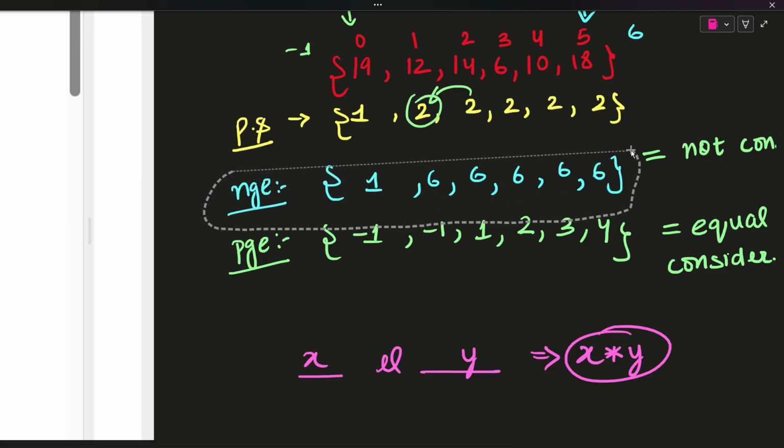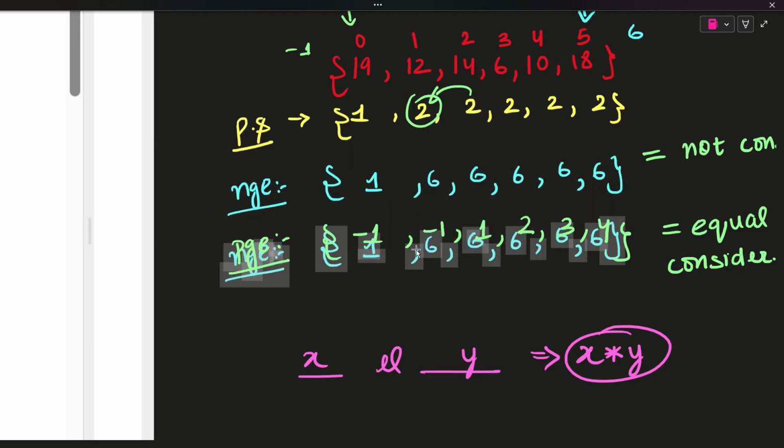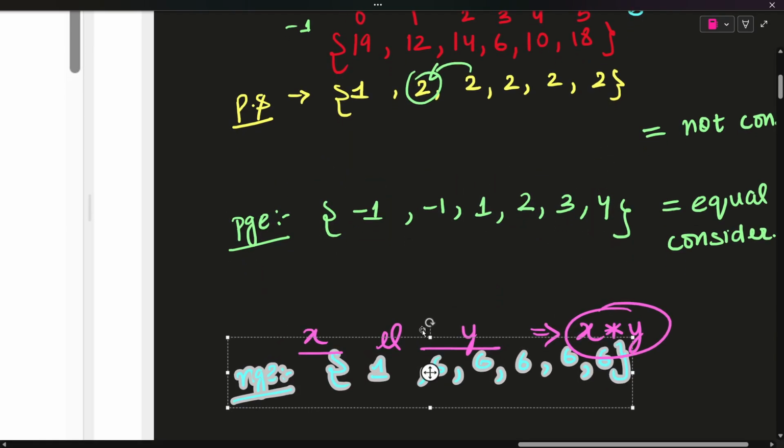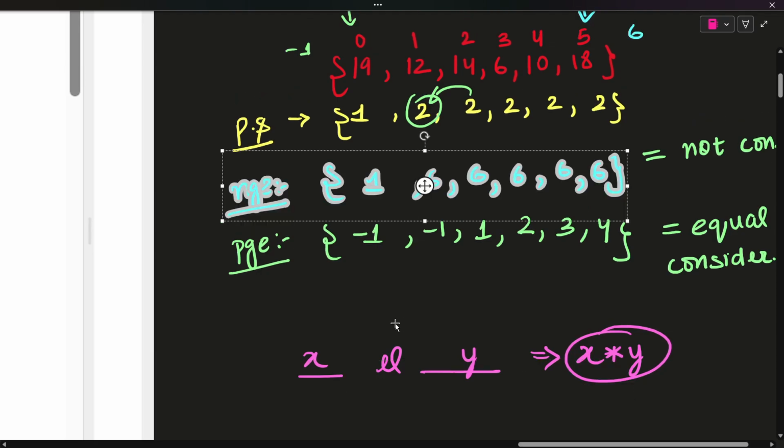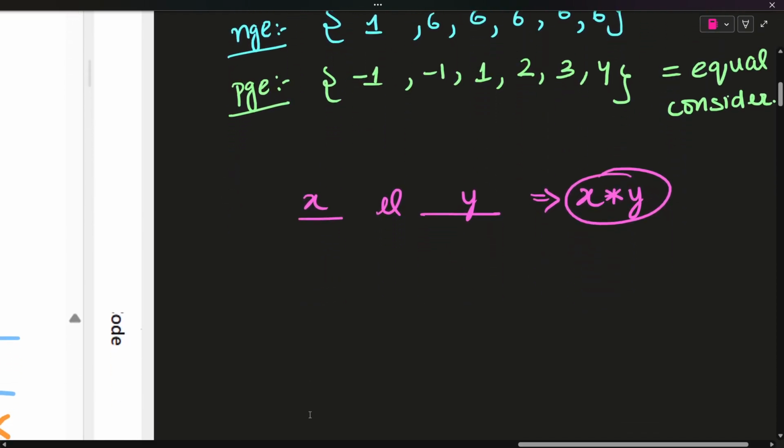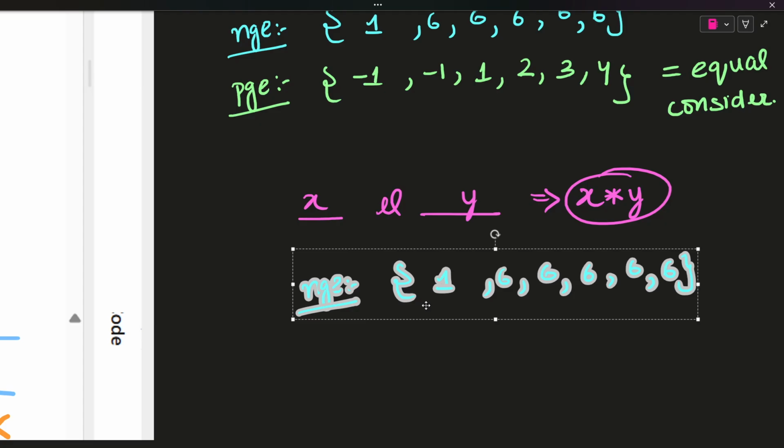See, the question is purely based off observation, right? So I think I should copy it and then paste it. Okay.